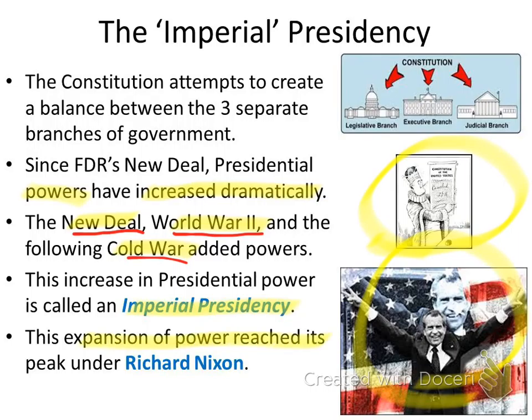Now, I don't agree with this last statement: the expansion of power reached its peak under Richard Nixon. I say that because, again, I have seen the growth of government under the last two presidents, particularly under President Obama, but under George W. Bush.